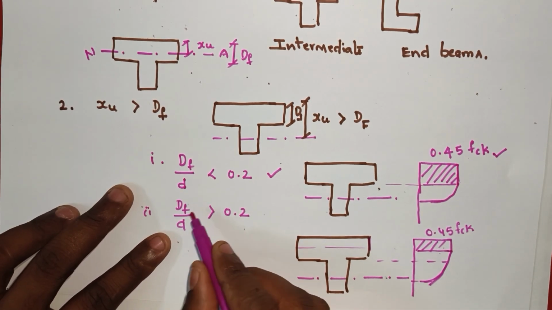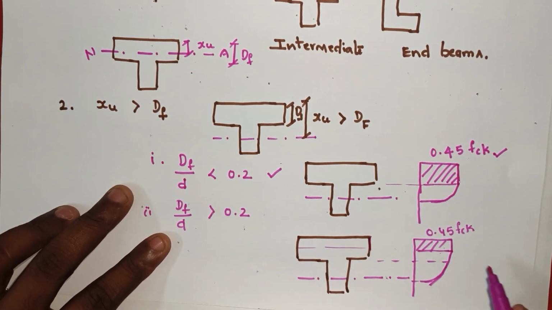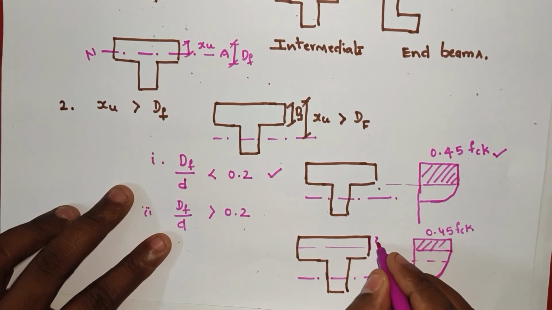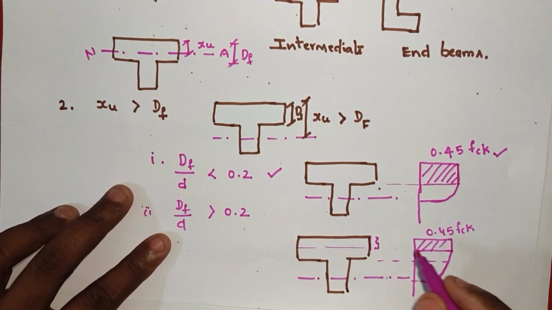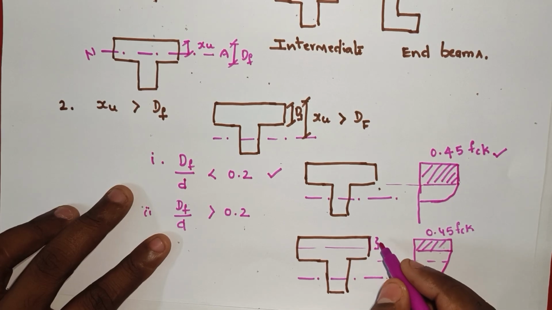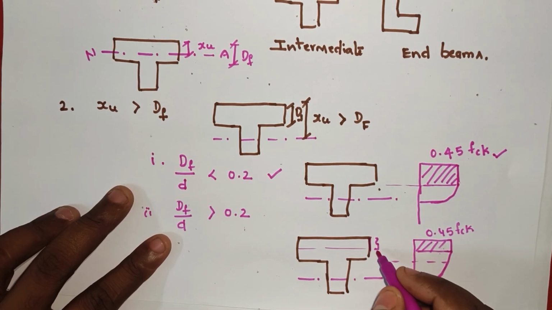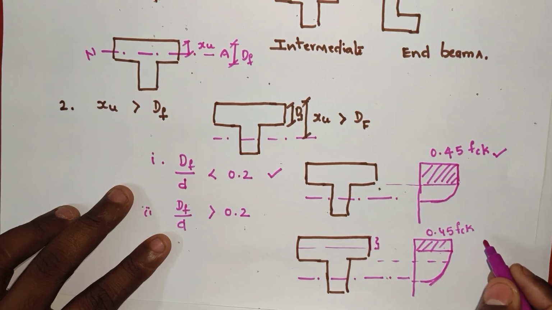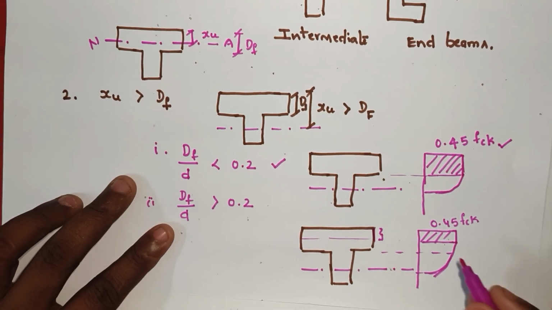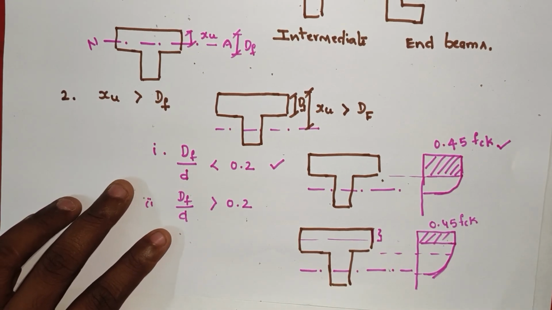DF by D ratio greater than 0.2 means only a certain depth of the flange is having the uniform compressive force of 0.45 FCK. Okay, this is the meaning of this one.